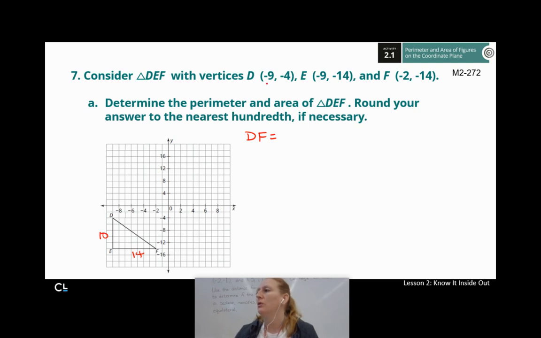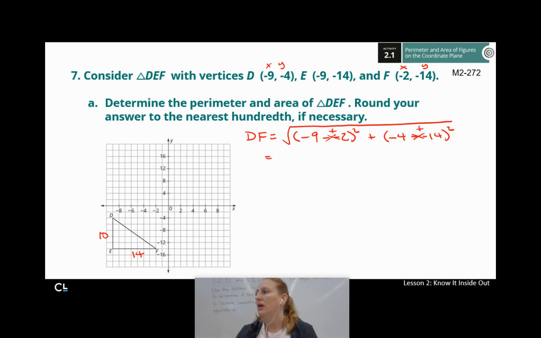So I'm going to use distance formula, and we'll use points D and F. So X, Y, and F over here is X, Y. So let's do this. My X's are -9 minus a -2, square it. Plus, got to subtract my Y's, -4 minus a -14, square it. Of course, double negatives become pluses, so that's convenient.